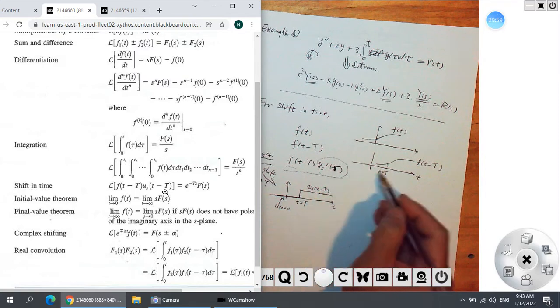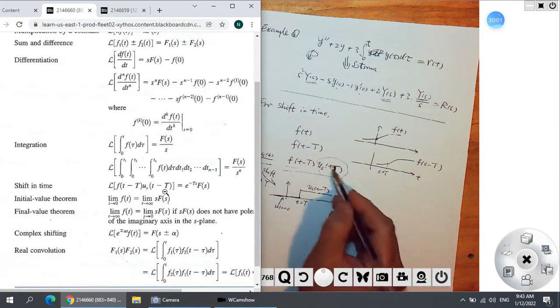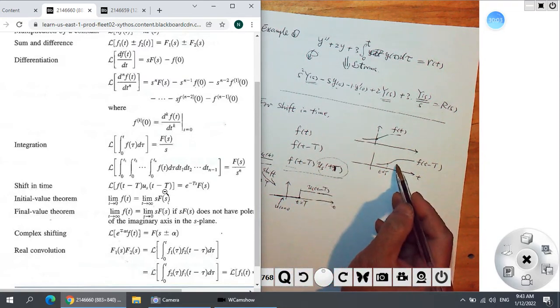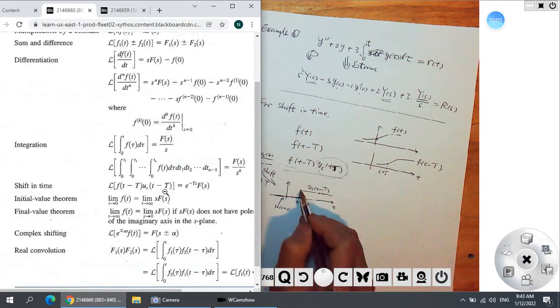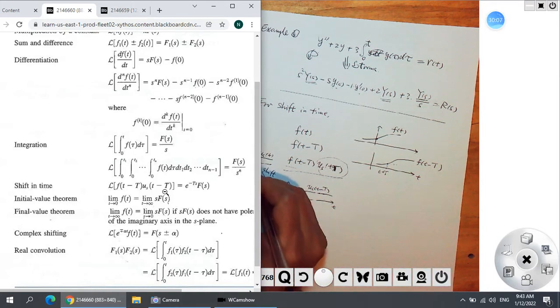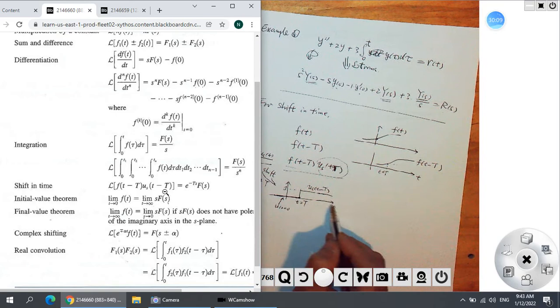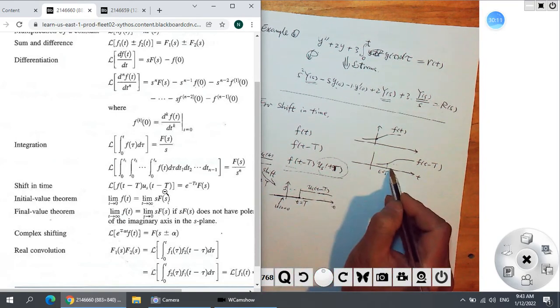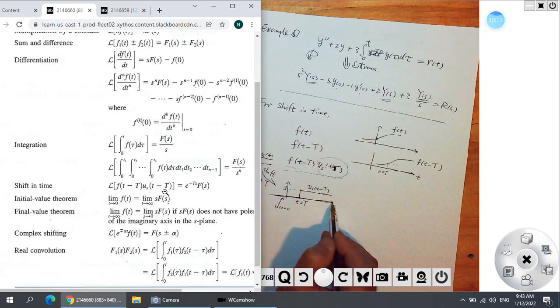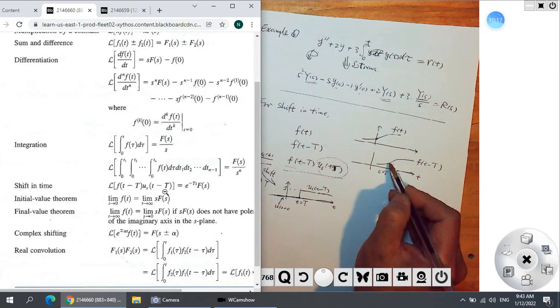Okay, you multiply this f and u together. Here the value is 1, right? So when t runs in this part, larger than capital T, this is 1 and this is some function value.